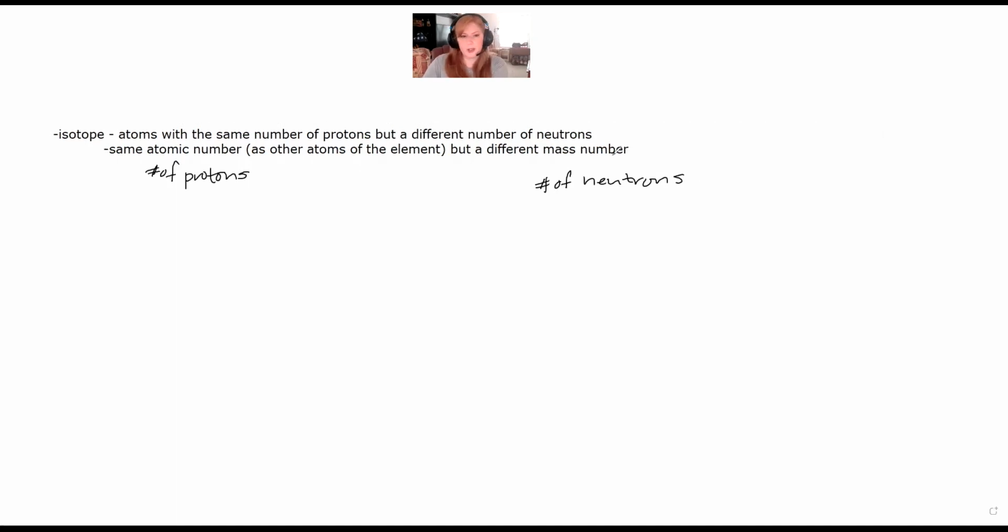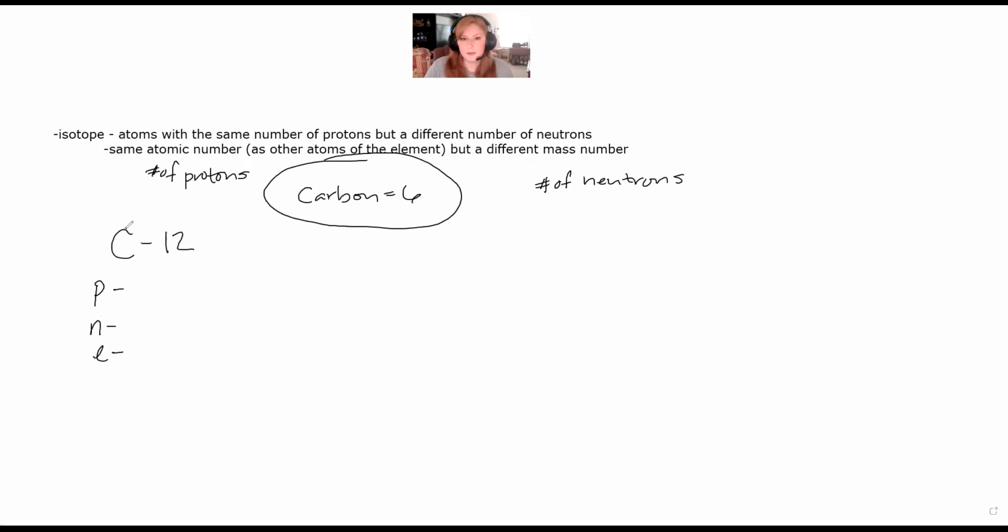All right, we're going to start with the normal or standard version of carbon, which is carbon 12. Protons, neutrons, and electrons. Now remember here, carbon has an atomic number of 6.